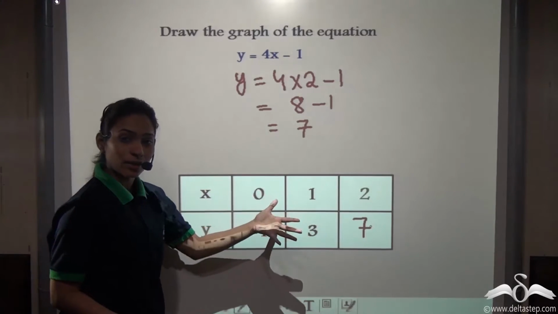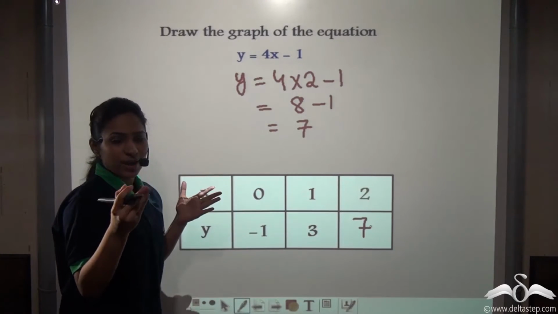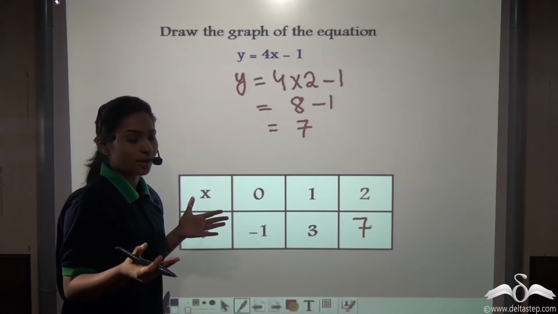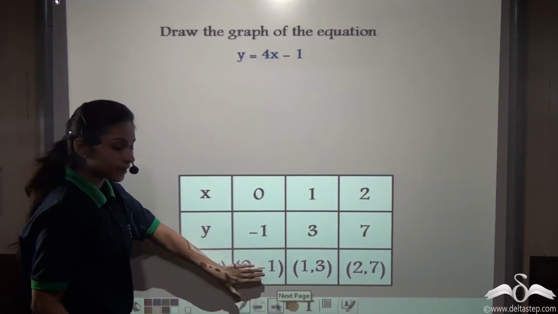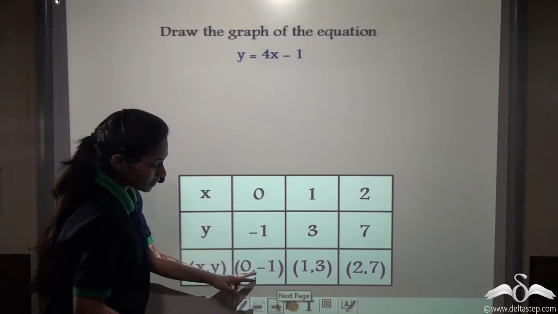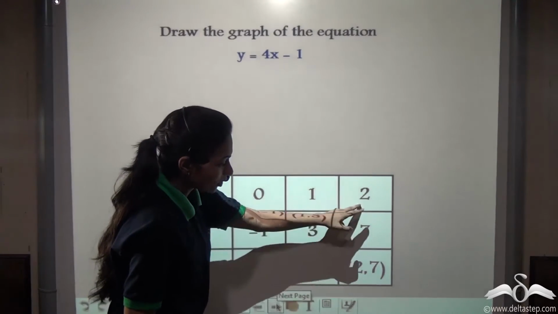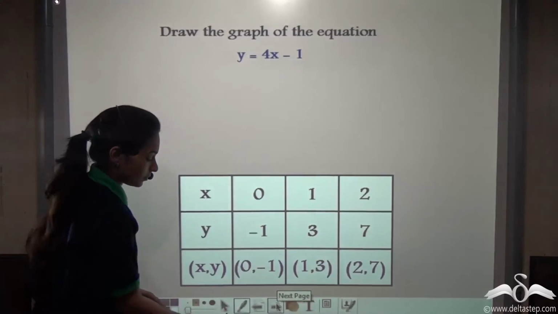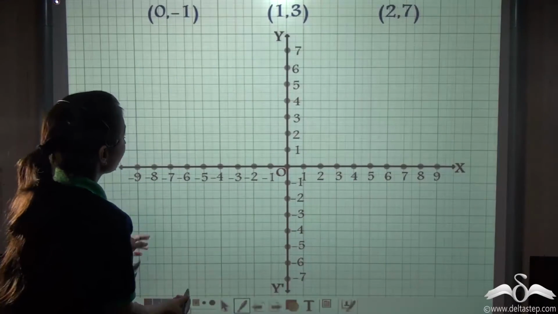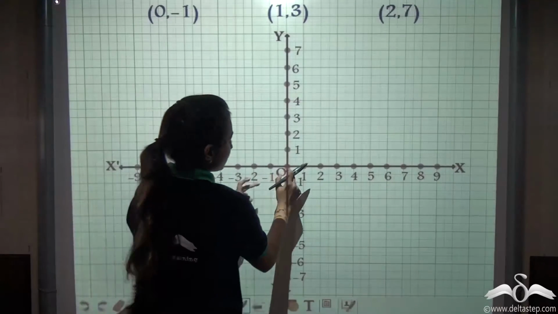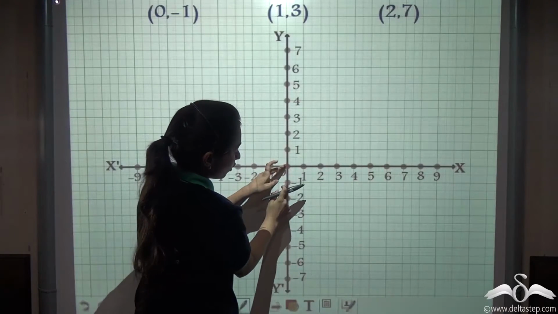Well, this will go on continuing, but to draw a straight line, or to draw an equation on a graph, 3 coordinates are enough. So we will plot these coordinates (0, -1), (1, 3) and (2, 7) on the graph paper. Let's do it. (0, -1): 0 and -1 on the y-axis.